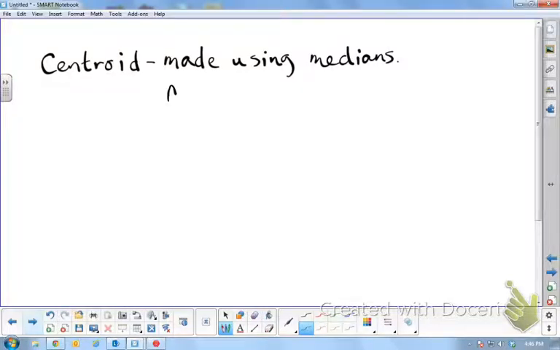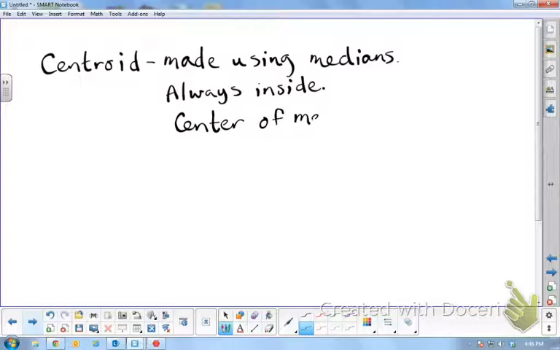It's always inside, and it actually has a very good use in physics. The centroid is the center of mass. If we were to draw a triangle and cut it out, the centroid would be the point where you could actually balance that triangle on a pencil. So it's kind of its balance point.